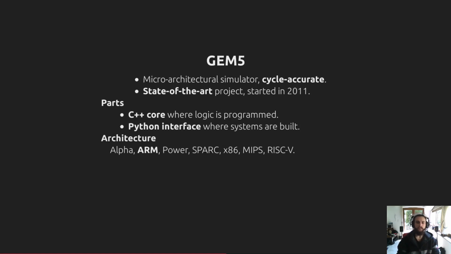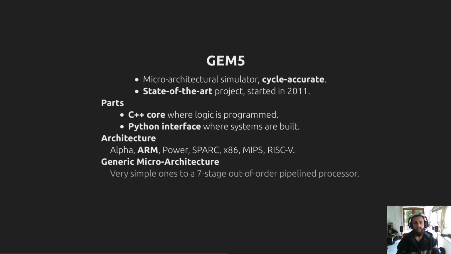gem5 supports a lot of architectures, and we are especially interested in the ARM architecture, which is much better supported than the x86 architecture. gem5 has some generic microarchitectures, especially for the CPU models, from very simple in-order CPUs to 7-stage out-of-order pipeline processors, way more complex and way more faithful.